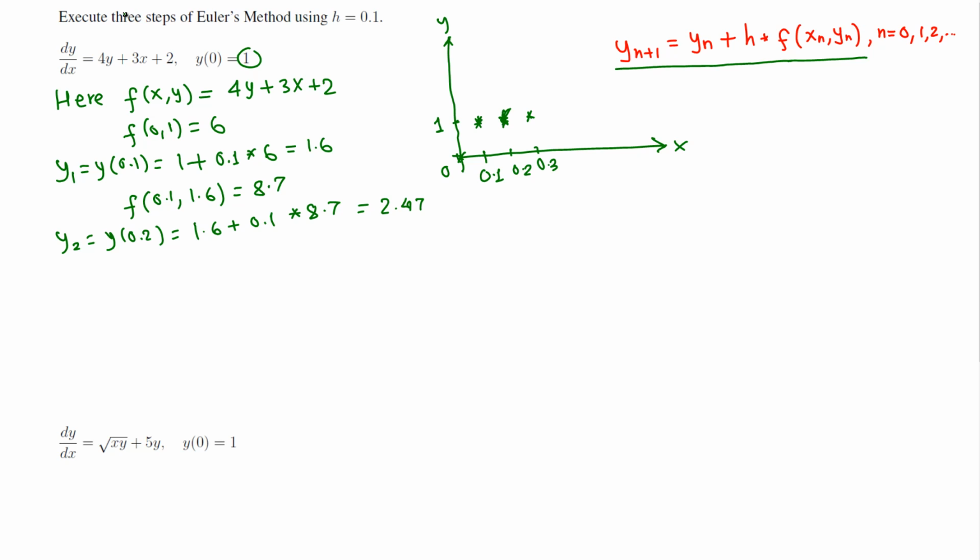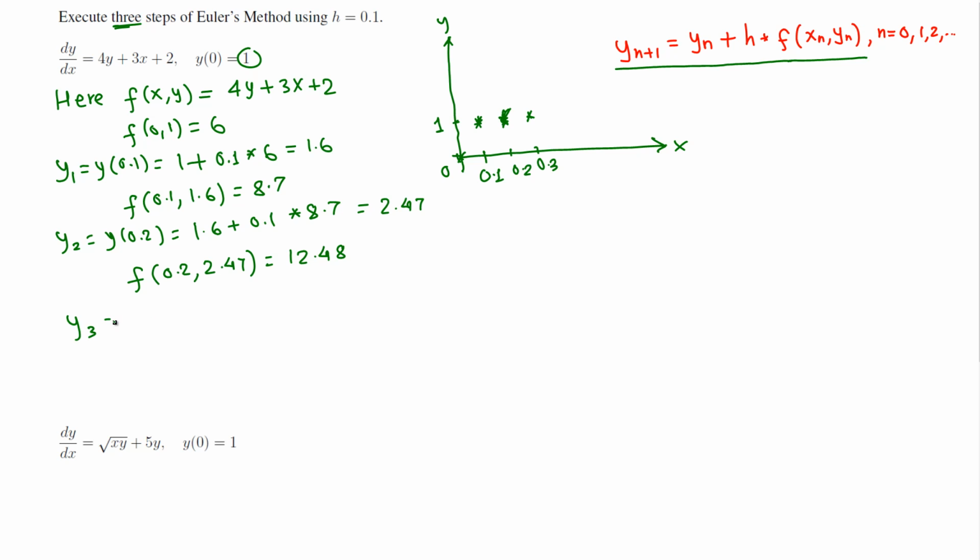Next we have to do the third step, y3, y at 0.3. Now we need to evaluate the slope at the previous point, which is 0.2 comma 2.47. So that's 4 times 2.47 plus 3 times 0.2 plus 2. Use your calculator, it's going to be 12.48.